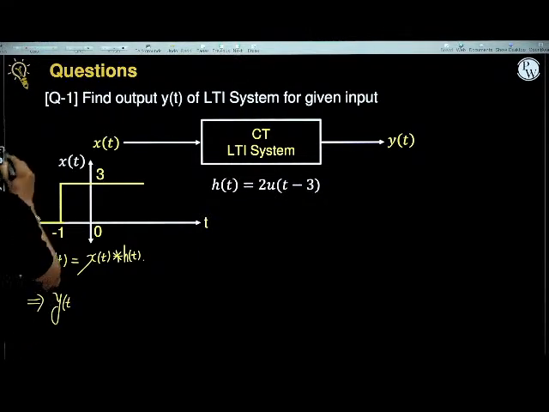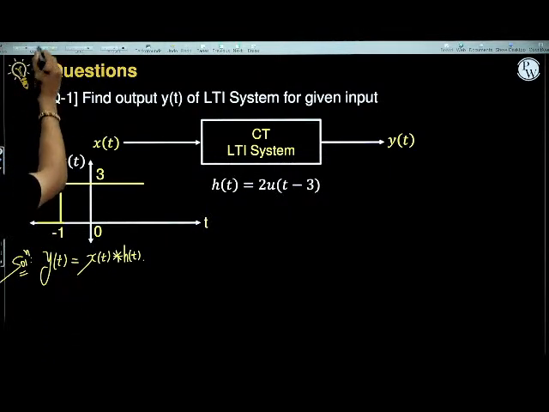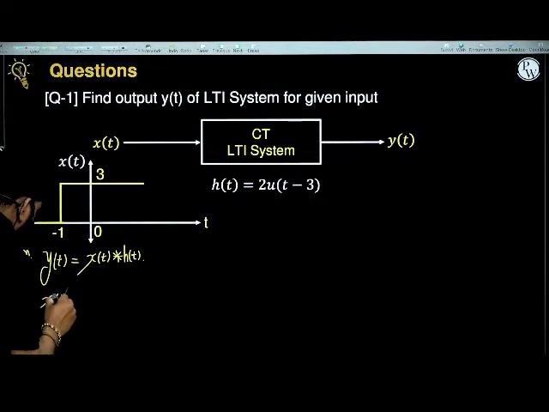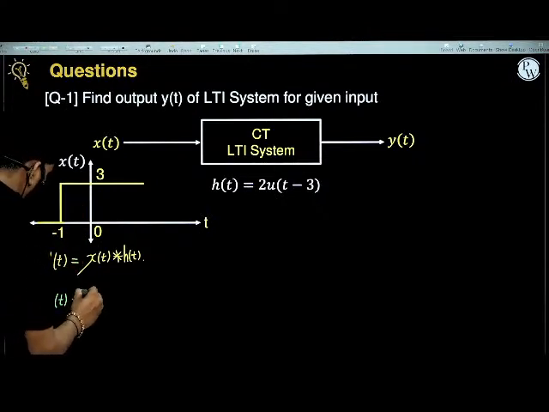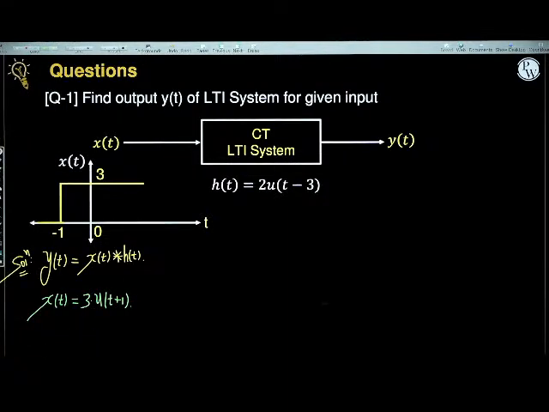So here, what is x of t, guys? X of t is nothing but a step function starting from -1 going towards the right side, amplitude 3. So it is 3 u of t plus 1, and h of t is already given in the question.